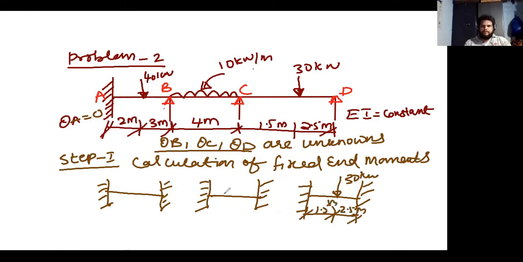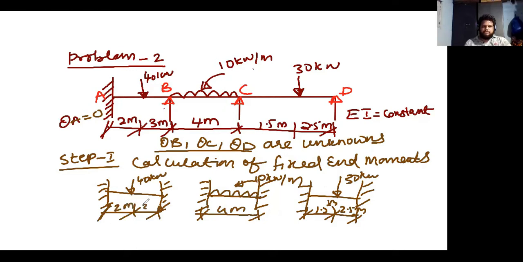Here we have a UDL of length 4 meters and intensity 10 kilonewton per meter. And here again the 40 kilonewton load, with 2 meters and 3 meters. This is how I have split up the spans.